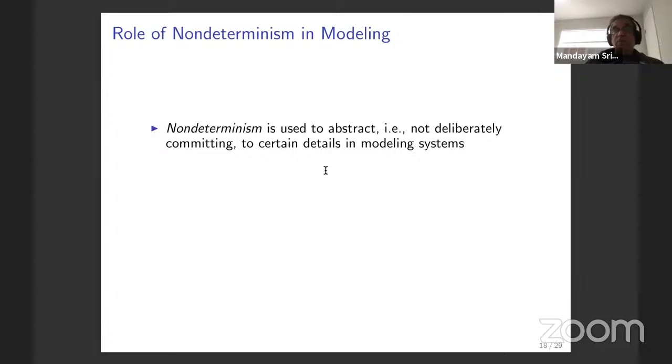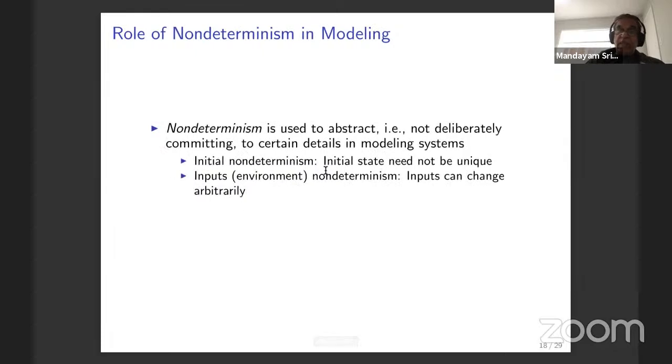Non-determinism is used to abstract, to throw away certain details. There are two kinds of non-determinism that we use. Initial non-determinism allows the system to start with potentially multiple initial states, so the initial state does not have to be unique.